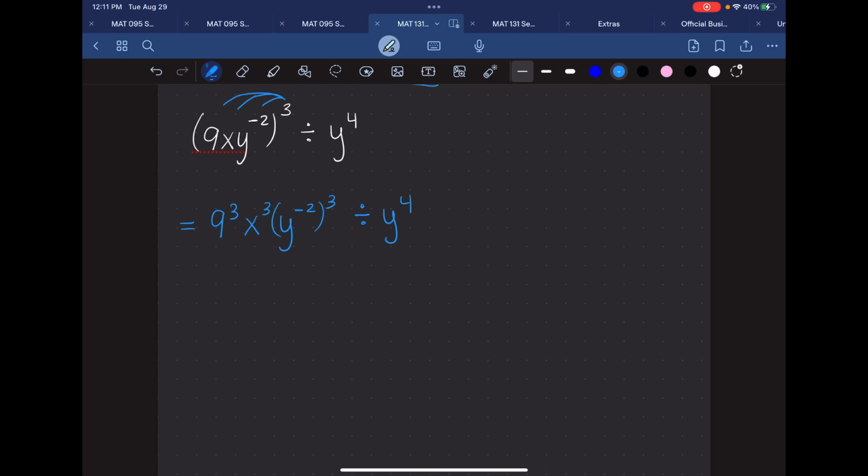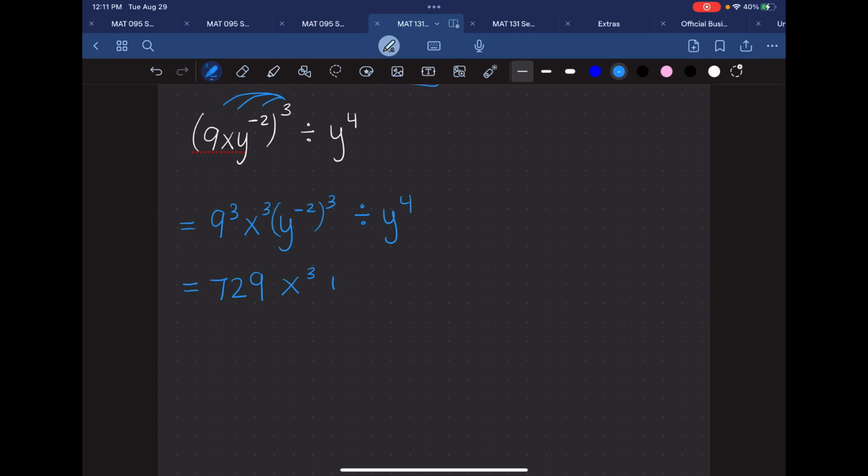So we can actually calculate 9 cubed. That's going to be 9 times 9 times 9, so 81 times 9, which when we type into a calculator is 729. Then we have x cubed, and now this y to the negative 2 cubed, we know that we can multiply the negative 2 and negative 3.